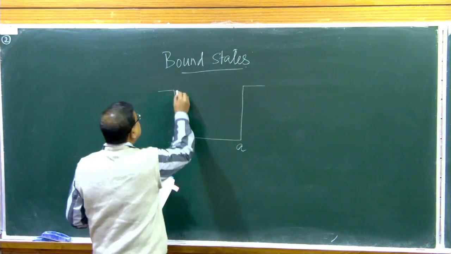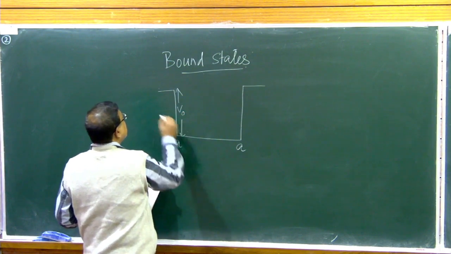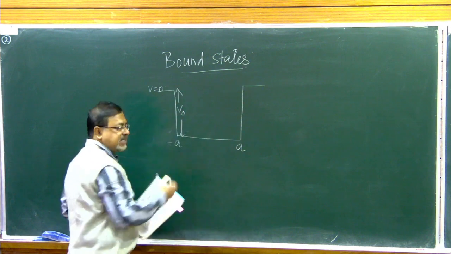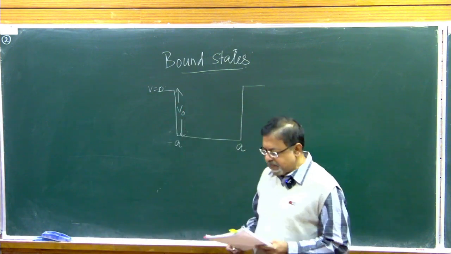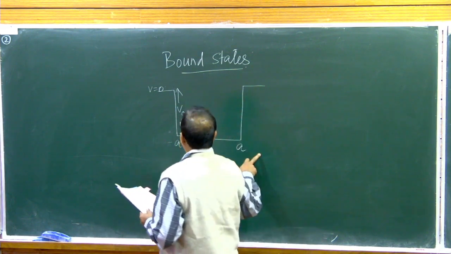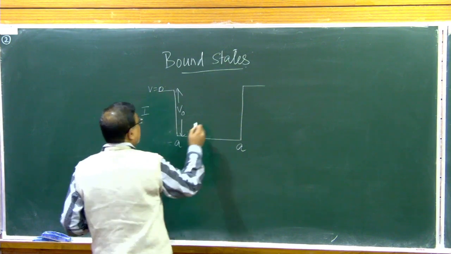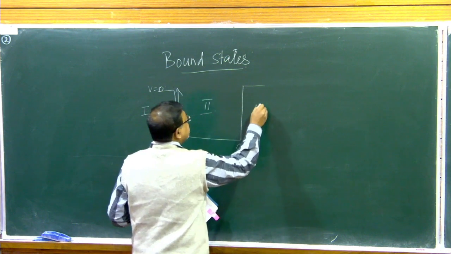And this is minus V naught, and this is your V equal to 0, which means that this is an attractive potential for the particle. So this is at x equal to minus A and plus A, and you have three regions under consideration: region 1, region 2, and region 3.